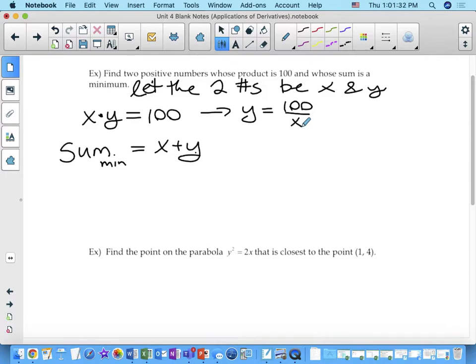Okay. Now what I can do is I can take this and sub it in there. Okay. And now I want to minimize this.